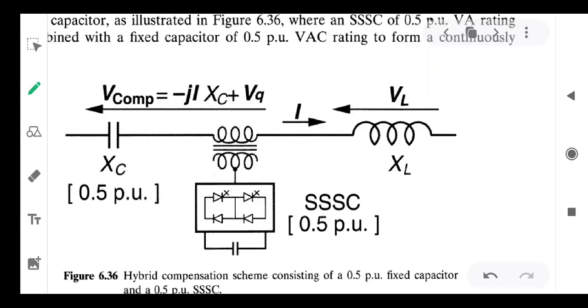This is the SSC coupling transformer, this is the VSC, and DC capacitance VDC, this is VDC charging, and VQ can be controlled.